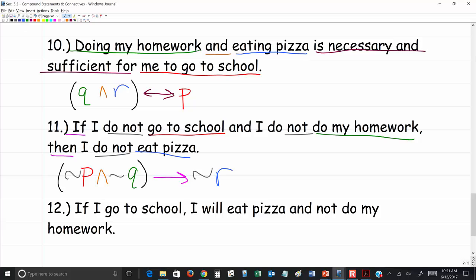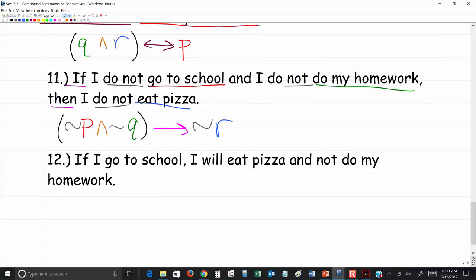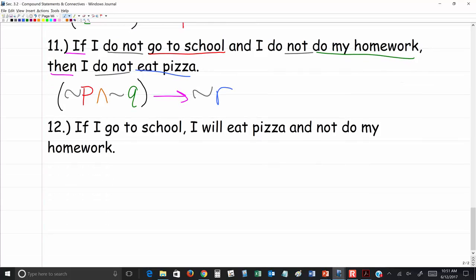Okay. And then number 12, if I go to school, I will eat pizza and not do my homework. All right, so if I go to school, so P implies two things, so I'm going to put parentheses around those two things. I will eat pizza, which is R, and not do the homework.